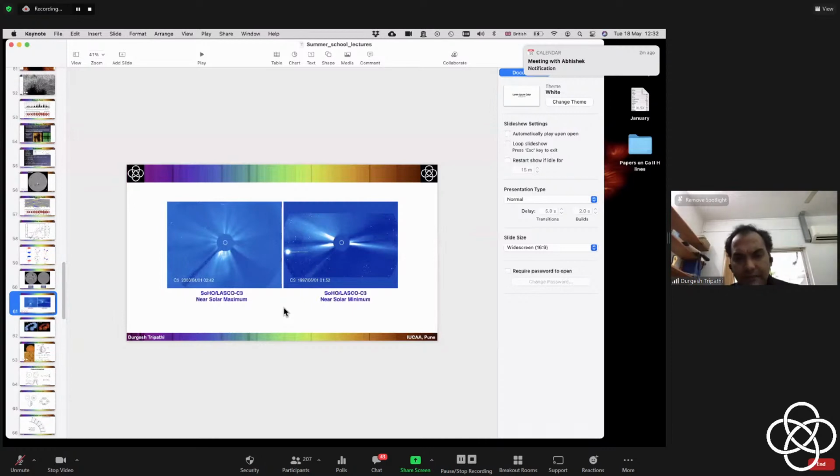Yeah, so that has been a known problem, and the way people understand it, when the Sun is going towards the solar minimum, although this is in the declining phase of the solar cycle, you see much stronger CMEs, because the Sun actually tries to get rid of all the magnetic energy which it generated during solar maximum.